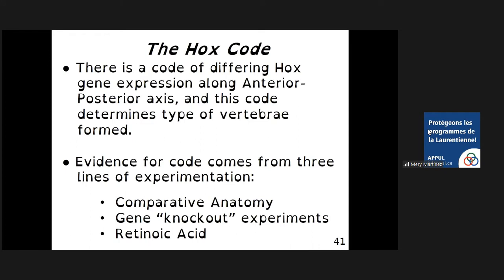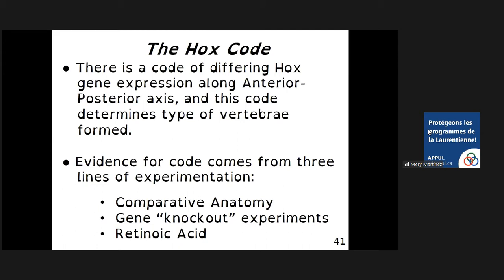Okay. So evidence for this comes from 3 lines of experimentation that we have here on the screen. The first one is comparative anatomy, in which the types of vertebrae in different vertebrates are correlated with the constellation of Hox gene expression. So which type of gene is expressed, and we're going to see that in the next slide.